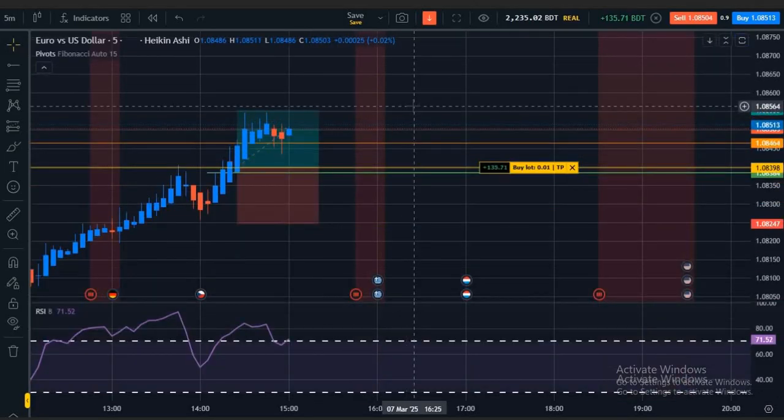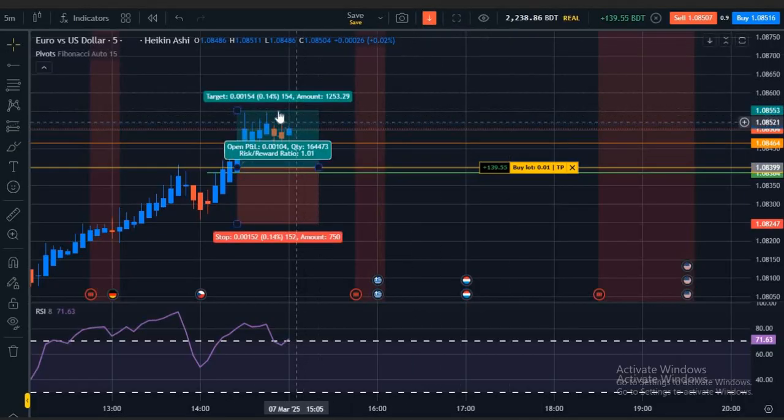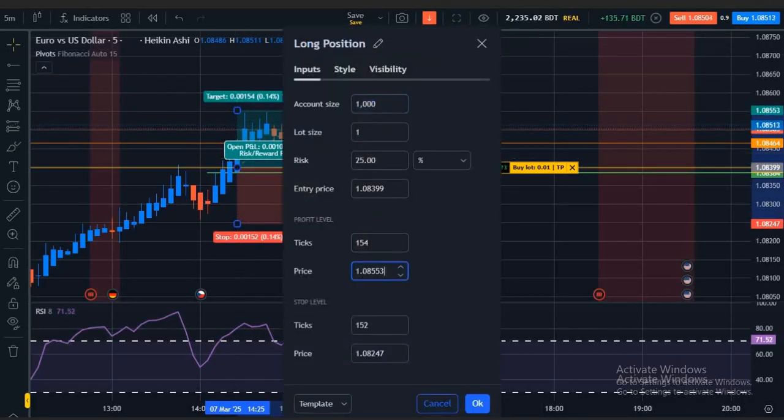The market is in a strong bullish trend, so I am adjusting my previous target and setting a slightly higher take profit level.